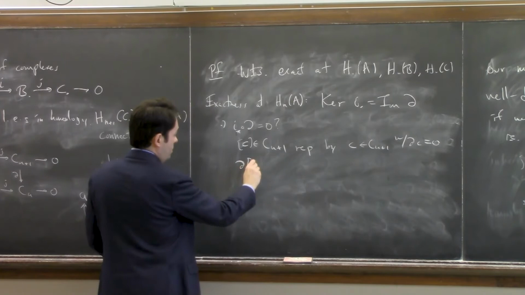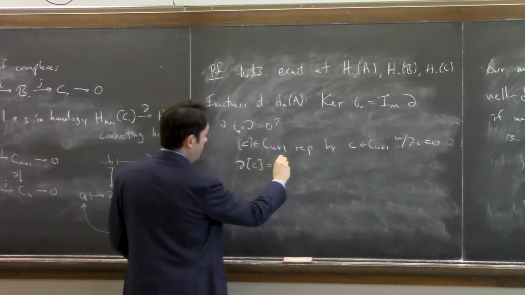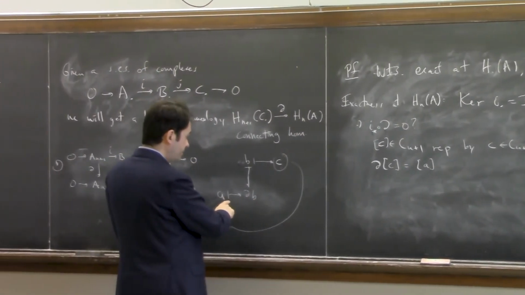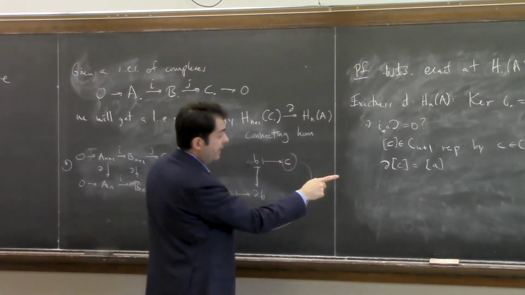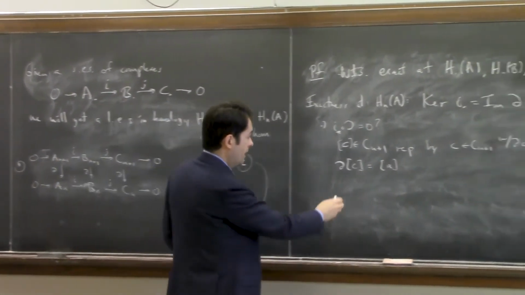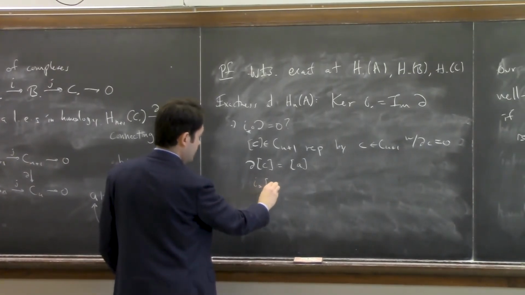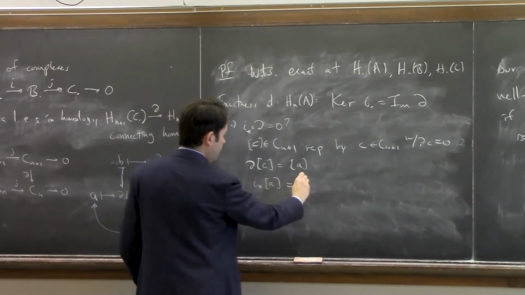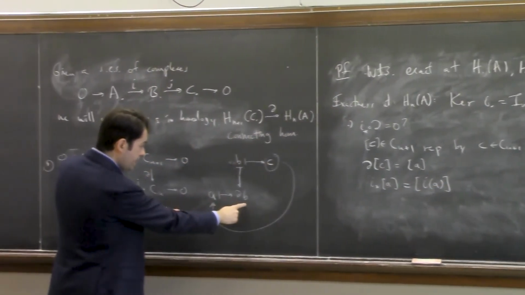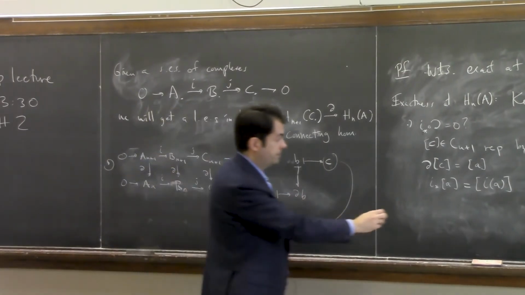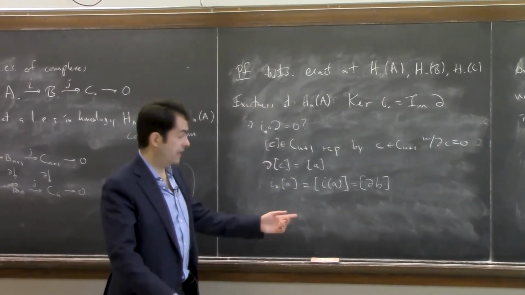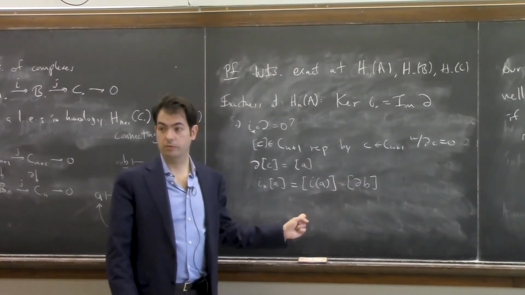Right, so the boundary of this is equal to a class of A. It's defined like this. And now the claim is that if you take this A and hit it with I star, you're going to get 0. Right? So I star of A is equal to the class of I of A. The class of I of A is dB. It's the class of dB. Right? But that is a boundary, so its homology class is 0.